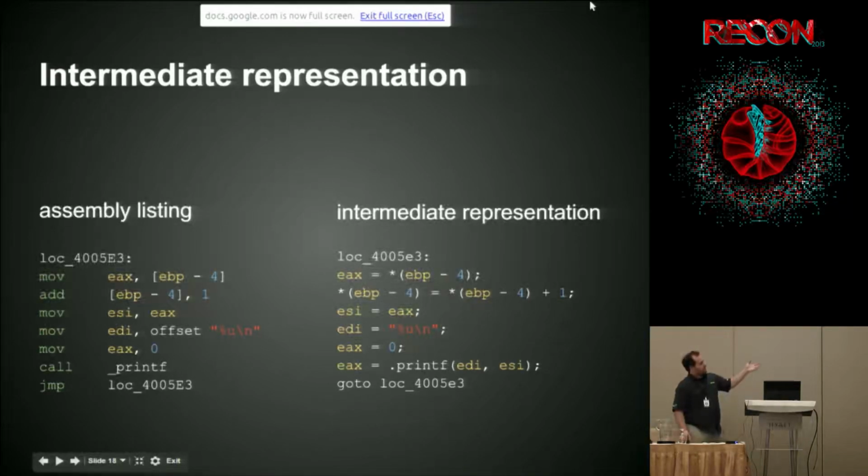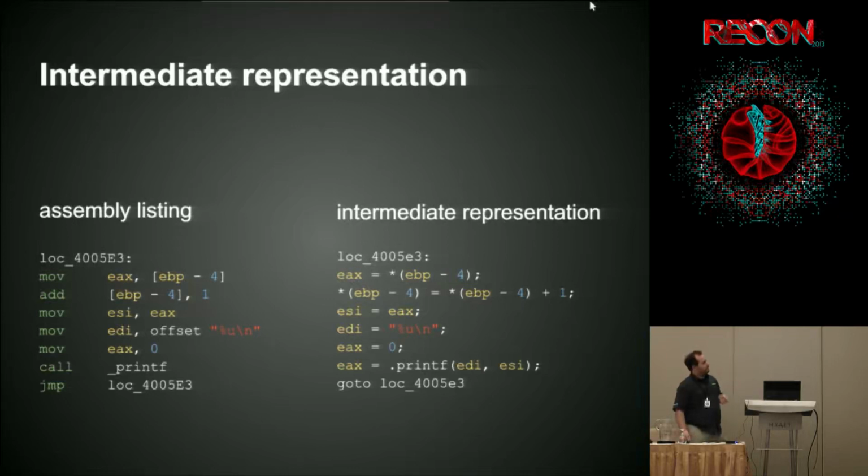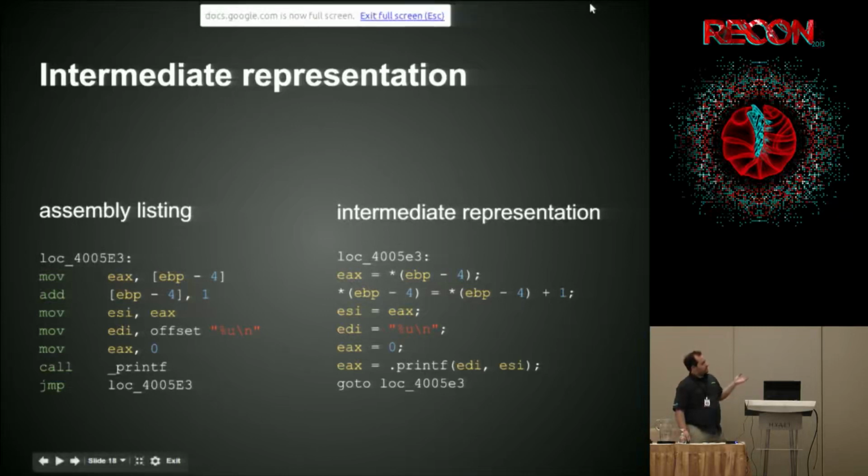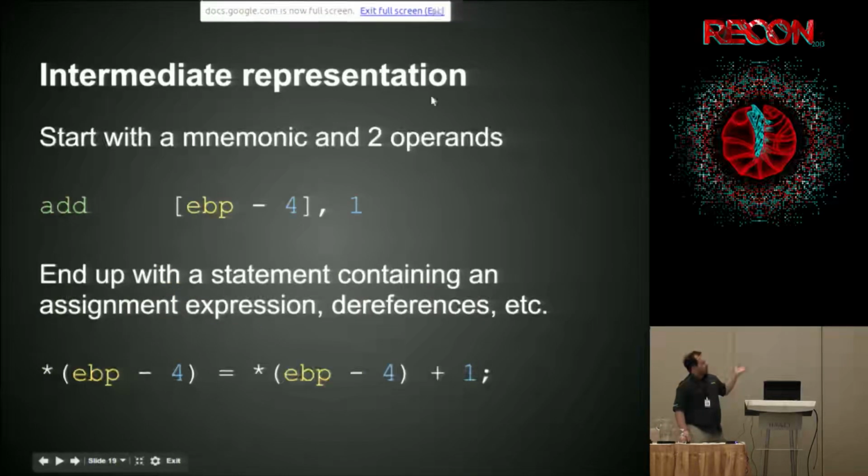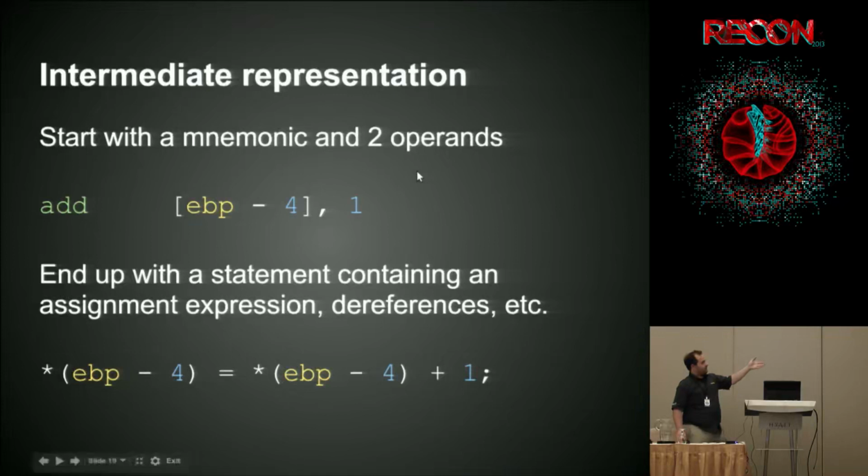So you have the assembly and the intermediate form. So this is an add instruction. You have the add, and below you have the same expression but in the intermediate form. So in the IR, all of the assignments are explicit. You don't have anything implicit.